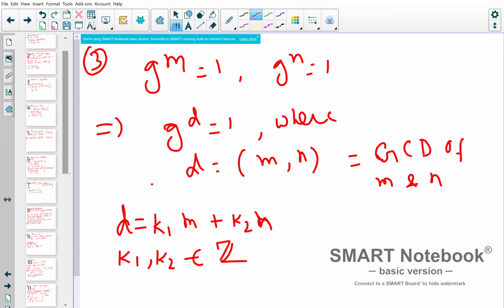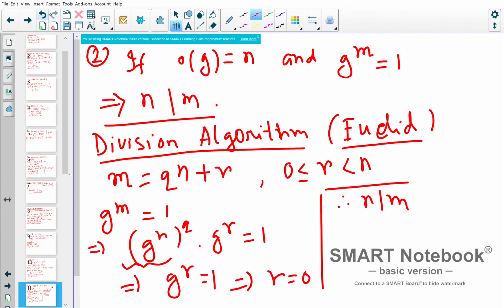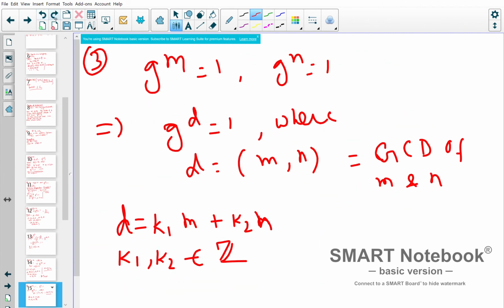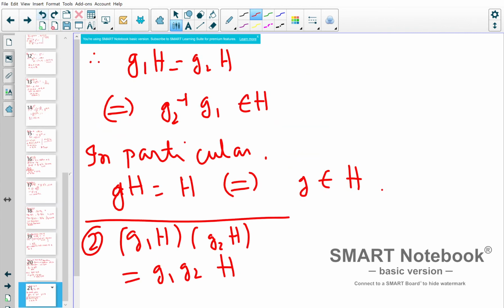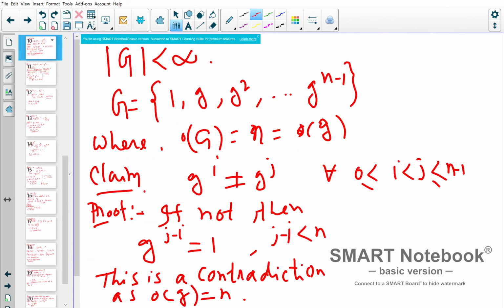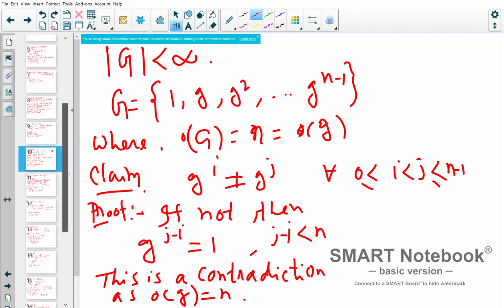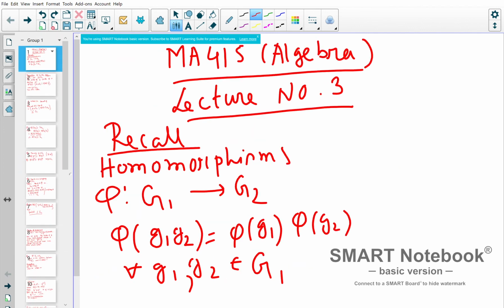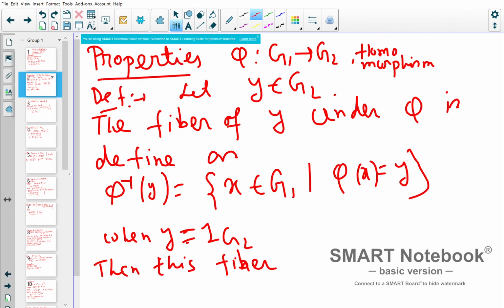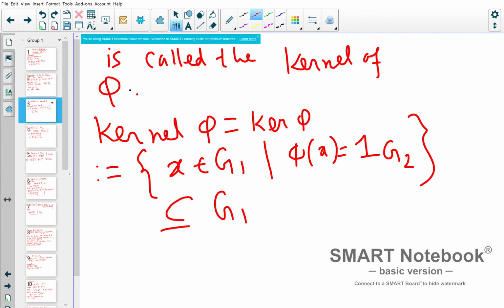Then we defined something called a fiber, and there is a special fiber, the fiber of the identity of G2, which is called the kernel.